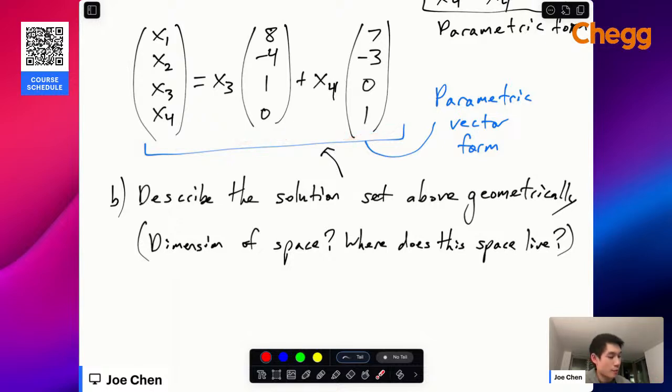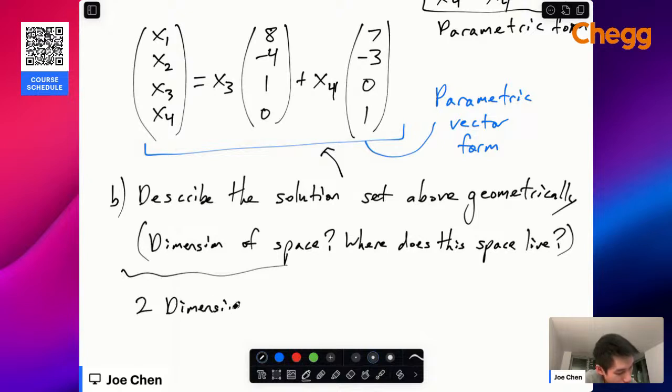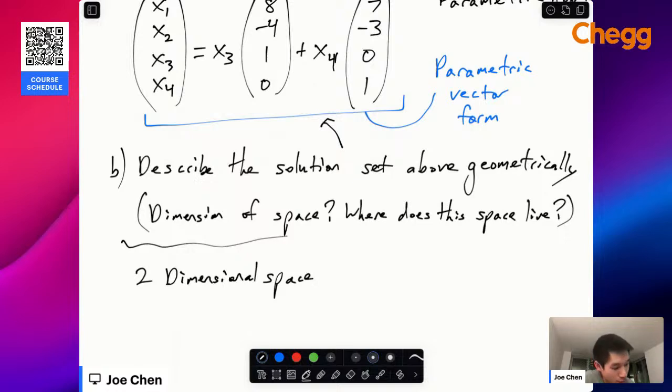And so the dimension of this space will be 2. So this is a 2-dimensional space. Which sometimes is enough. But maybe what you're looking for is also that this means it is a plane.